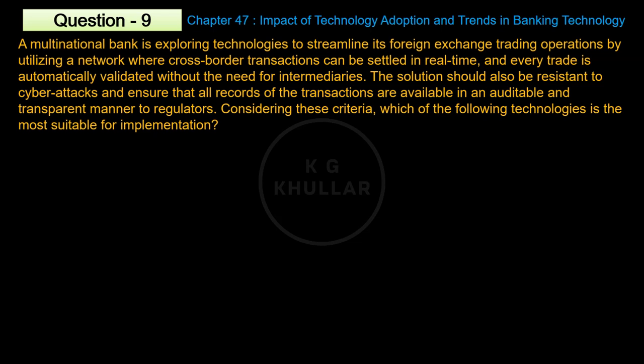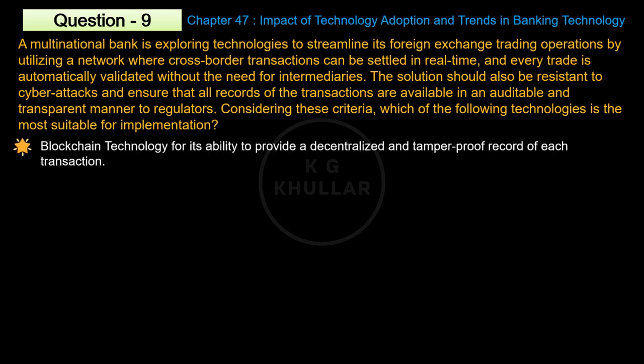The solution should also be resistant to cyber attacks and ensure all records of the transaction are available in an auditable and transparent manner to the regulators. Considering these criteria, which of the following technologies is most suitable for implementation here?